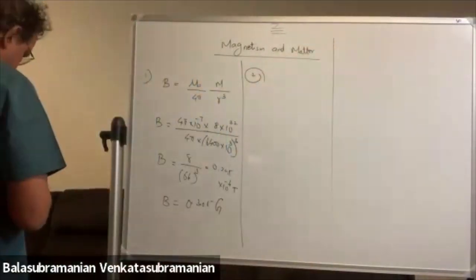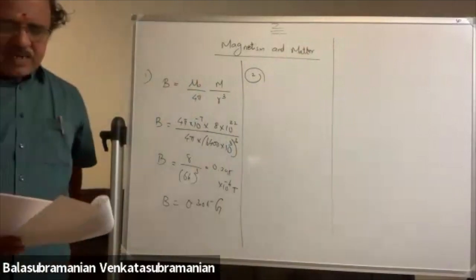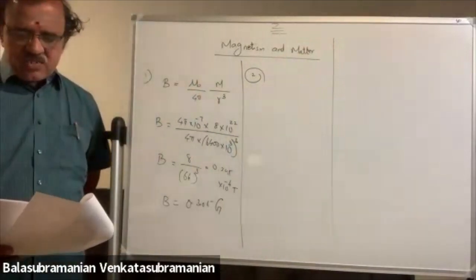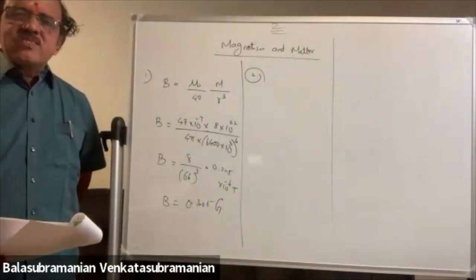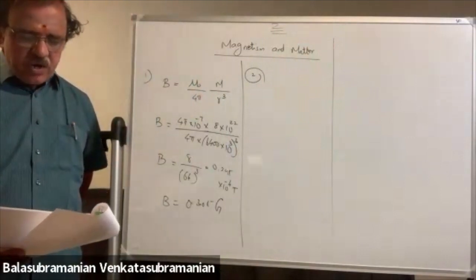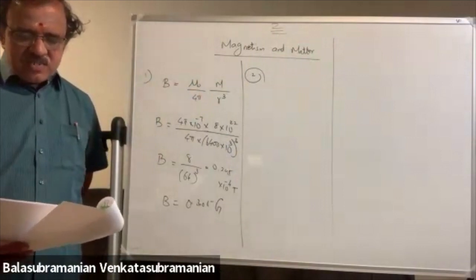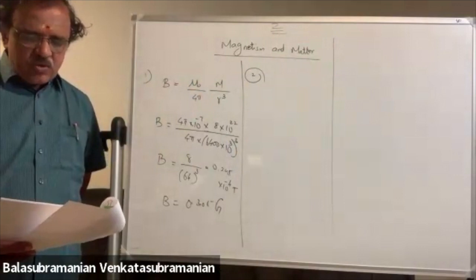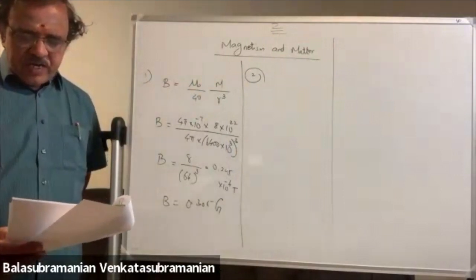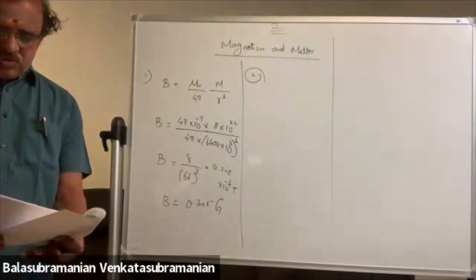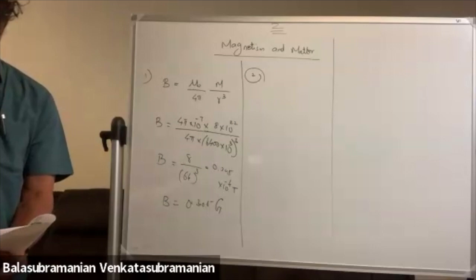Second one. A short bar magnet placed with its axis at 30 degree with a uniform external magnetic field of 0.25 Tesla experiences a torque of magnitude equal to 4.5 into 10 power minus 2 joules. What is the magnitude of magnetic moment?